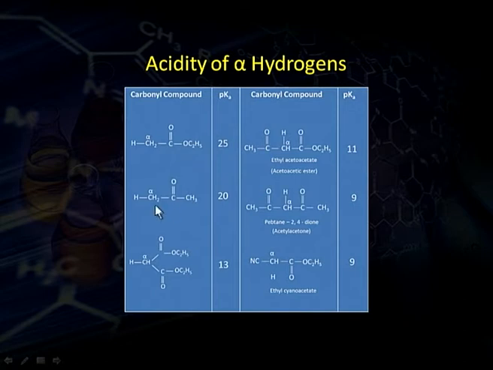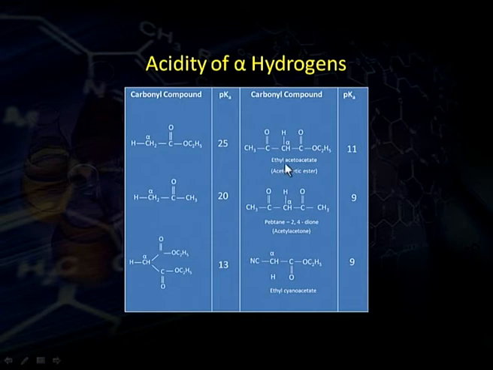In the other case, acetone, the alpha hydrogen has a pKa value of 20, but when these alpha hydrogens are flanked on either side by two electron withdrawing carbonyl groups, the pKa value is reduced to 13.